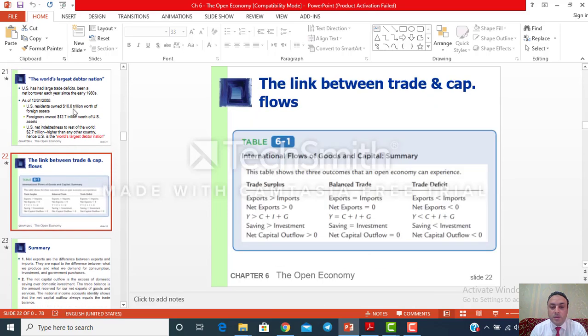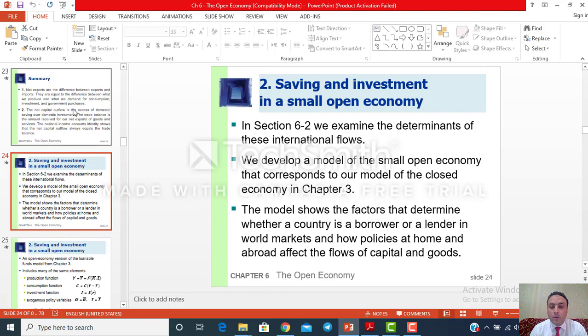According to this, we will move to the next section, saving and investment in a small open economy. In this section we examine the determinants of these international flows.